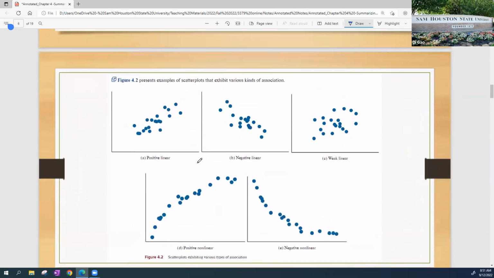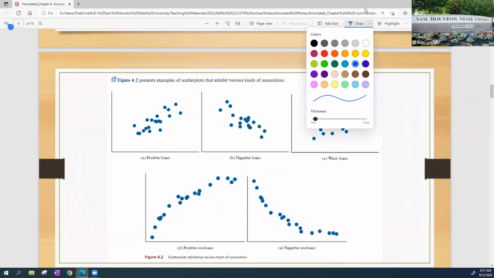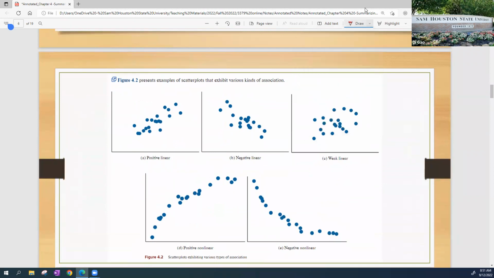Let's look at some more examples here. So positive linear means as x value is getting larger, y value is getting larger, and then it follows the linear trend. So then we can try to put a line here, and as long as the dots cluster around the line, then we say this is linear, and then we know this is positive linear.